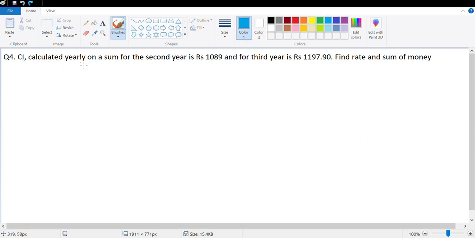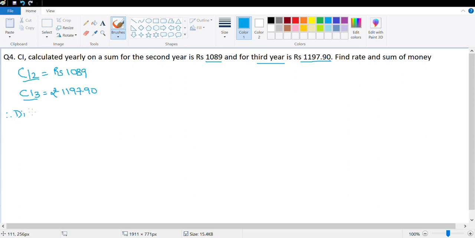Compound interest calculated yearly on a sum for the second year is 1089, which means compound interest 2 is equal to rupees 1089, and for the third year it is rupees 1197.90. We are basically given compound interest of 2 successive years.